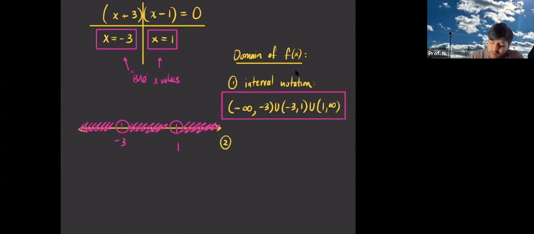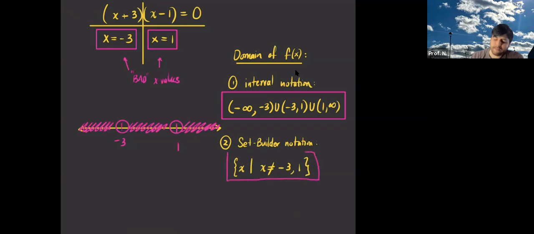The second way is set builder notation. When I write set builder notation, I'm going to say it's all the x values such that x does not equal negative 3 nor 1. So you just put a comma. Again, you should be able to do either way, whether they ask you for set builder notation or interval notation.